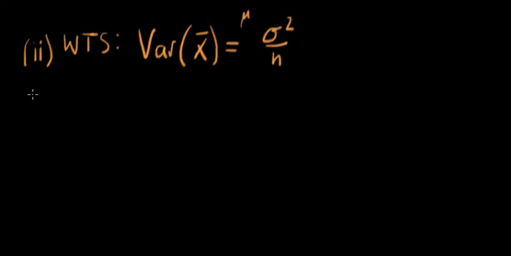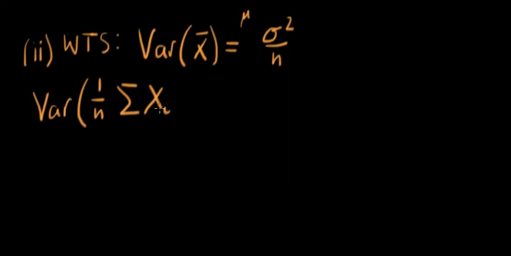Well, that is the variance of 1 over n times the summation of all of our xi's. We have n of them.